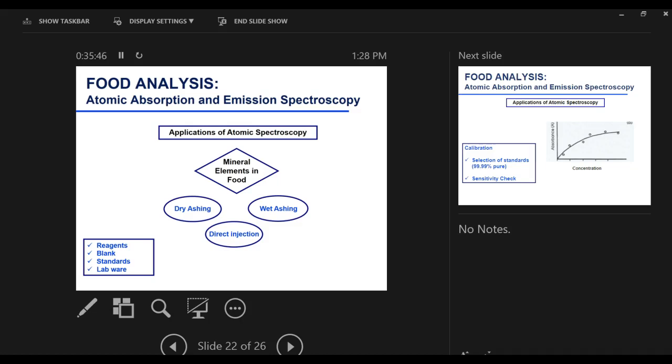Again, you are burning off your organic matter. It oxidizes into carbon dioxide, SO2 (sulfur dioxide), and NO2. Everything gets oxidized, and what is left in your acid is your mineral elements.